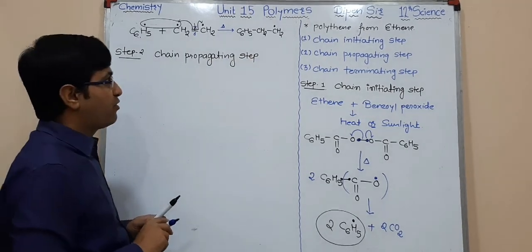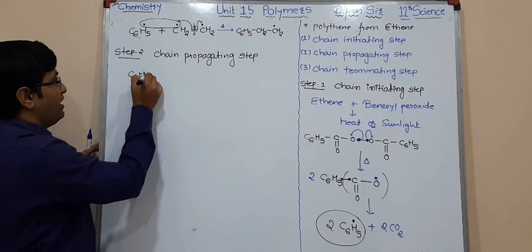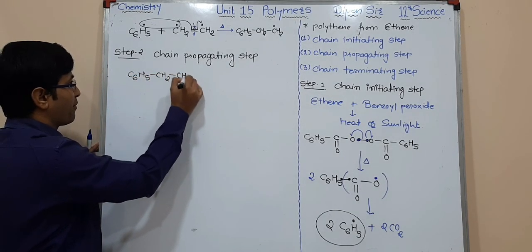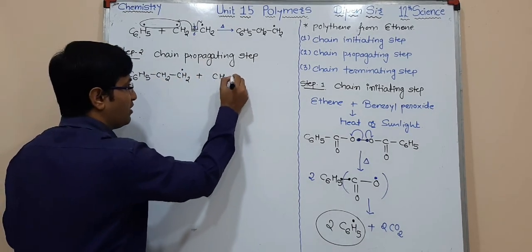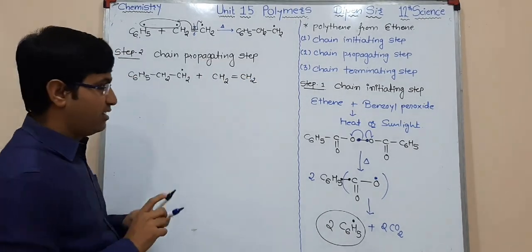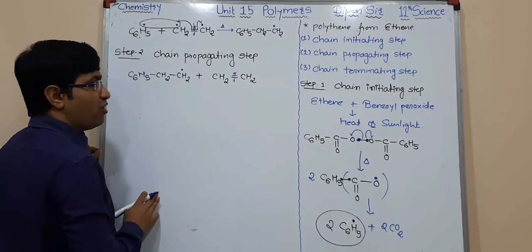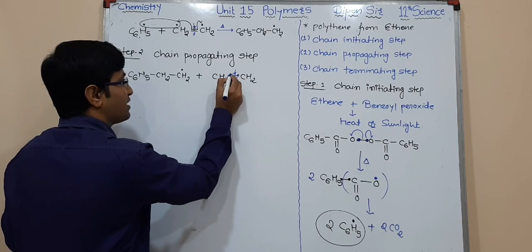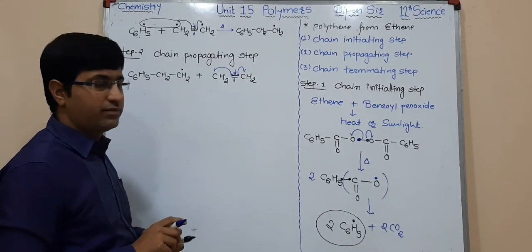In this chain propagating step, the formed free radical reacts with another monomer of ethene. As you are aware, same here, one is a sigma bond and the other is a pi bond. So this pi bond is going to break, and this carbon is going to receive its own electron.